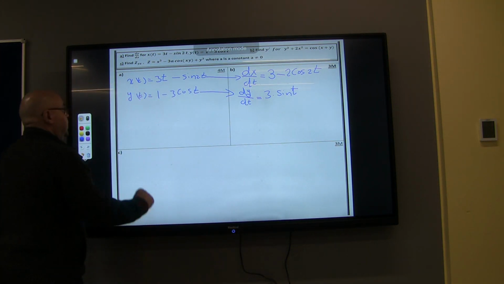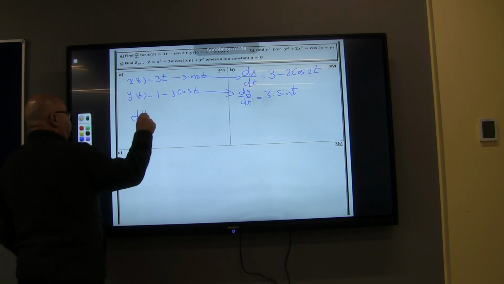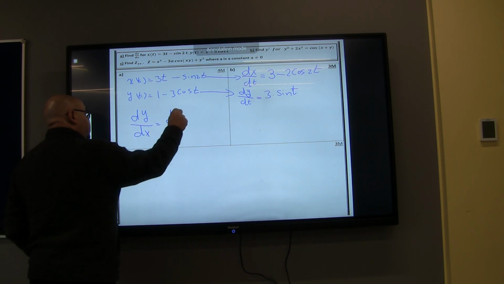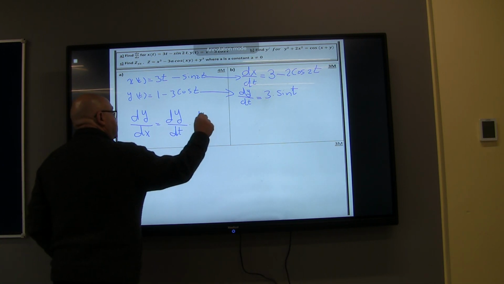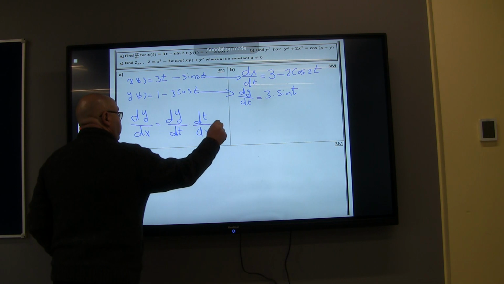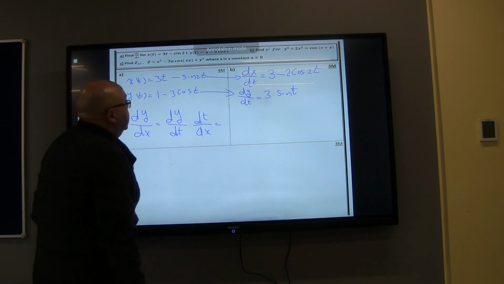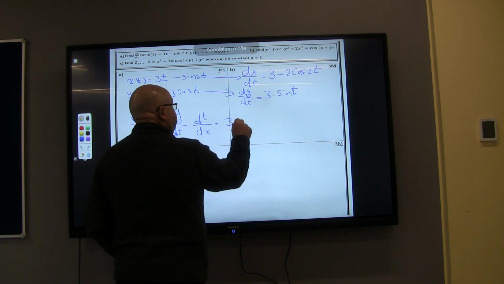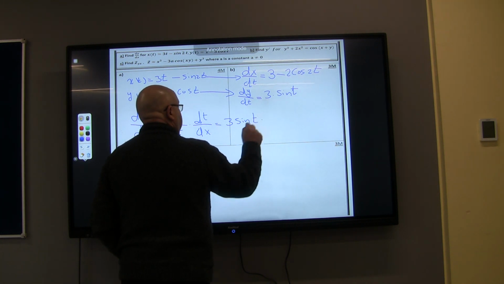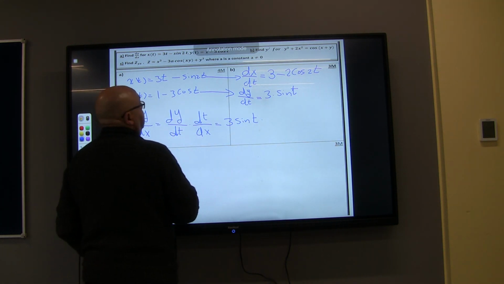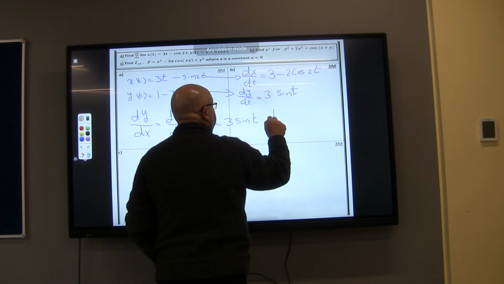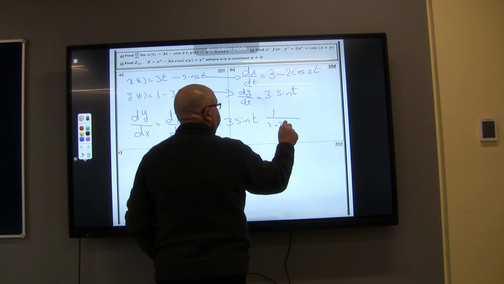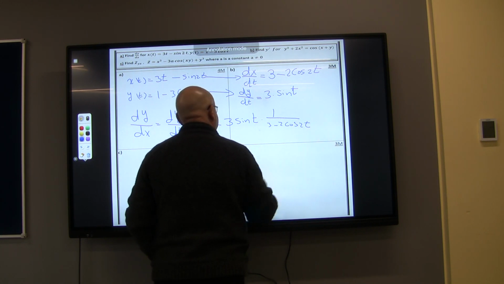Now I can use the parametric rule that states if you would like to find dy by dx, first get dy by dt times dt by dx, which is 3 sin t times dt by dx, which is the reciprocal of this function, 1 over 3 minus 2 cosine 2t.